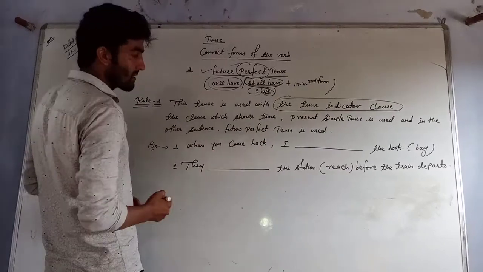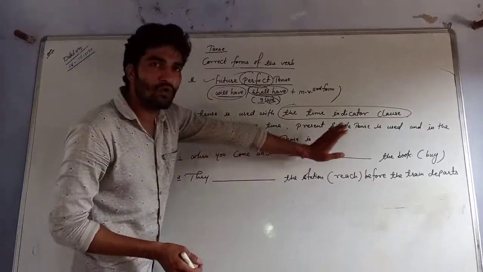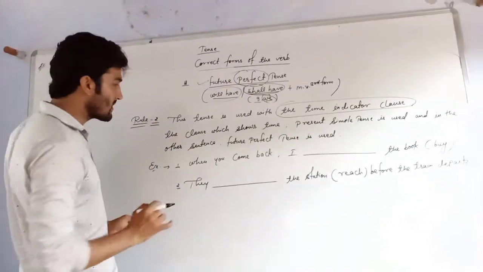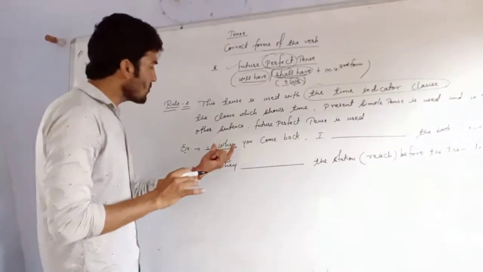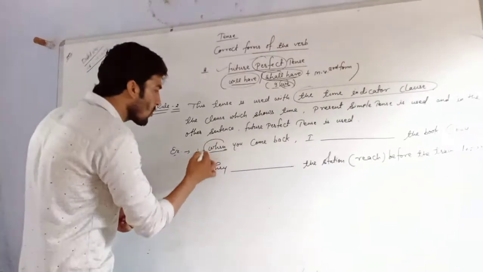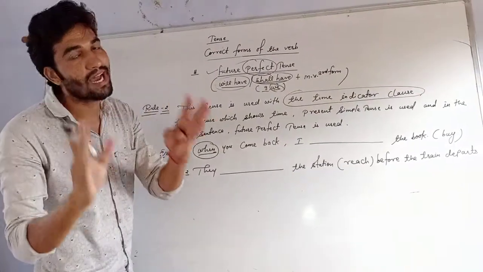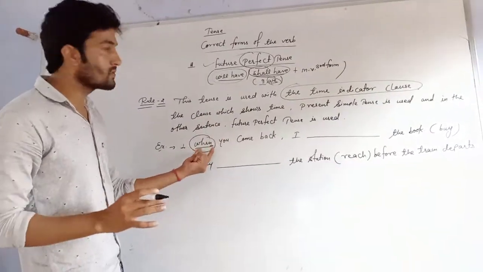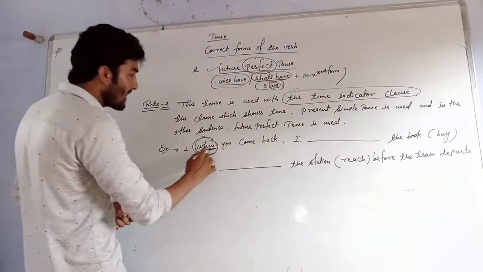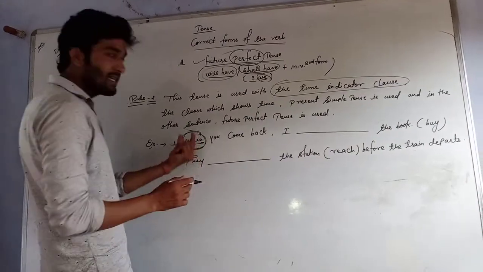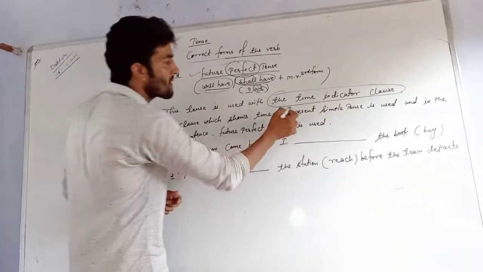The very first example is: when you come back. Don't look at the second sentence, you just have to look at the first sentence. When you come back. If you know about when, it always tells about time, beta. When is used with time, it shows time. When you come back, and if time is given here, then you will find present simple tense.